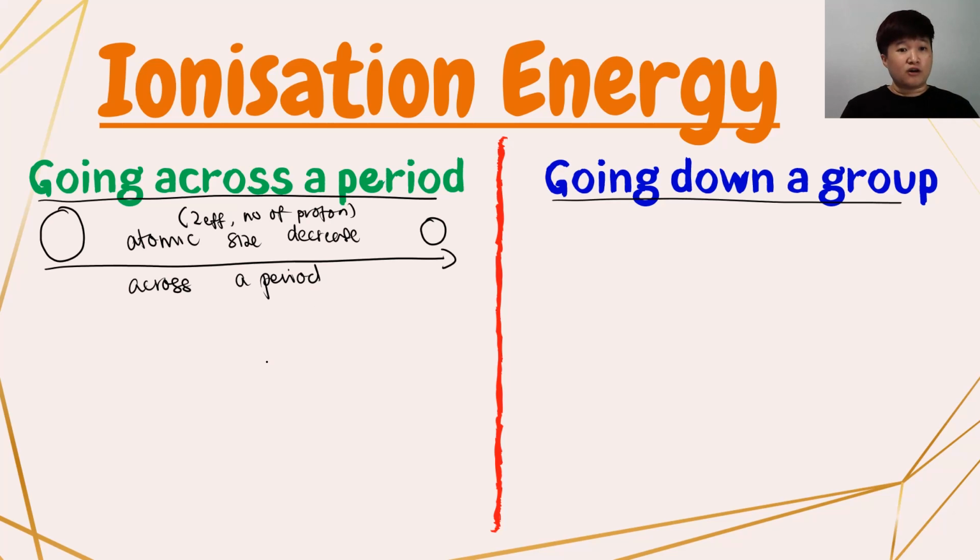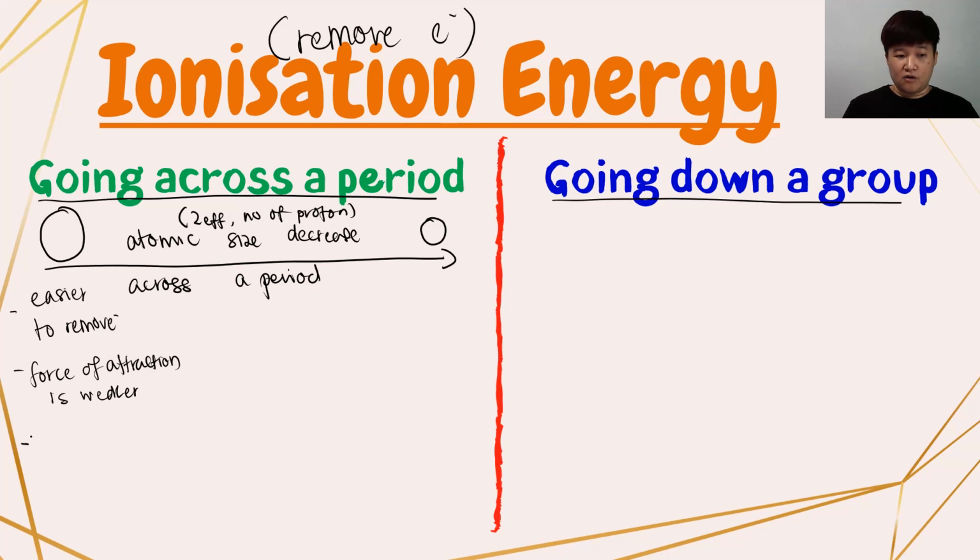And as what we have talked about just now, ionization energy is about removing electrons. Okay? So we know that when the size is bigger, it's easier to remove electrons because the force of attraction is weaker. Therefore, less energy is required. Vice versa when the size is smaller. When the size is smaller, it's hard to remove electrons.